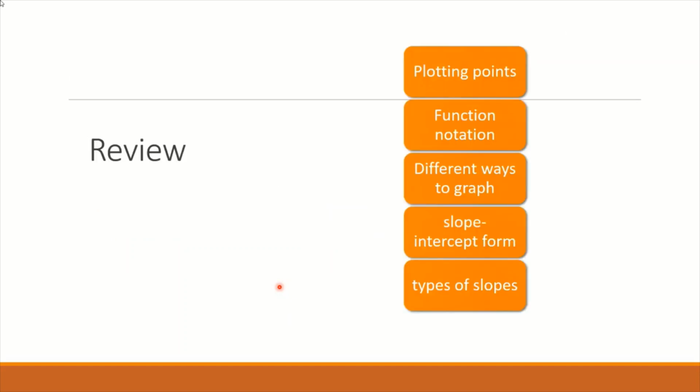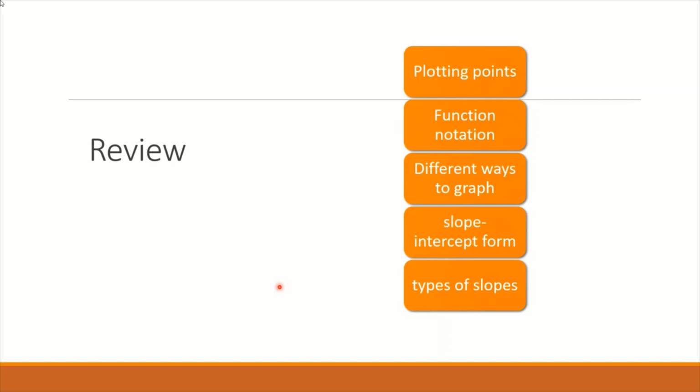Now that's it for Unit 5. So what did we go over? We went over plotting points, x-coordinate, y-coordinate. You always start with the x-coordinate first. The x-coordinate is shifting from left to right, y-coordinate up and down. We looked at function notation. Function notation is f of x, and that's the same as y.